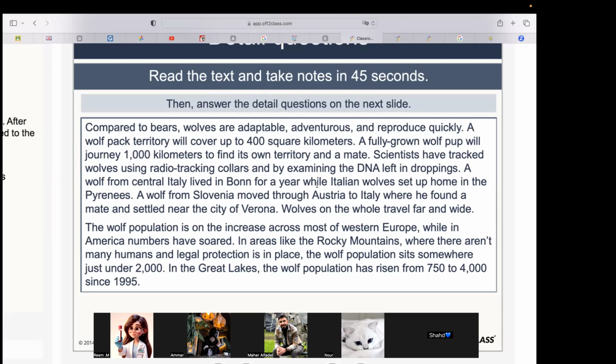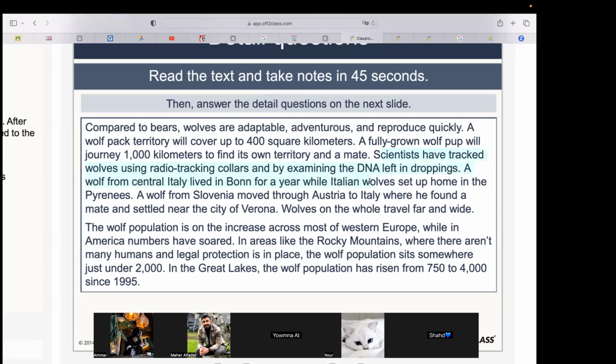Compared to bears, wolves are adaptable, adventurous, and reproduce quickly. A wolf pack territory will cover up to 400 square kilometers. A fully grown wolf pup will journey 1,000 kilometers to find its own territory and a mate.